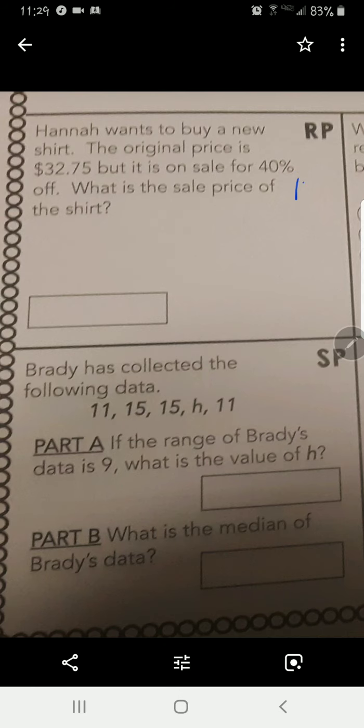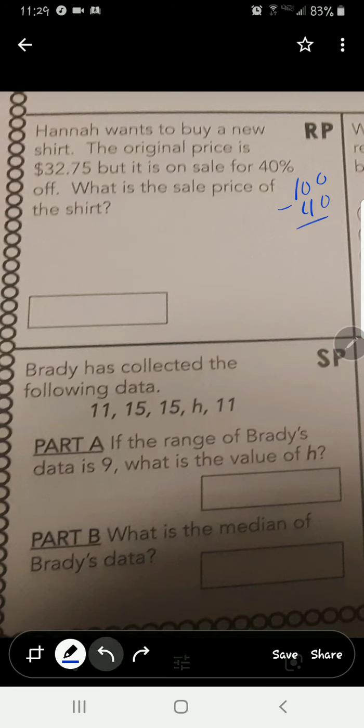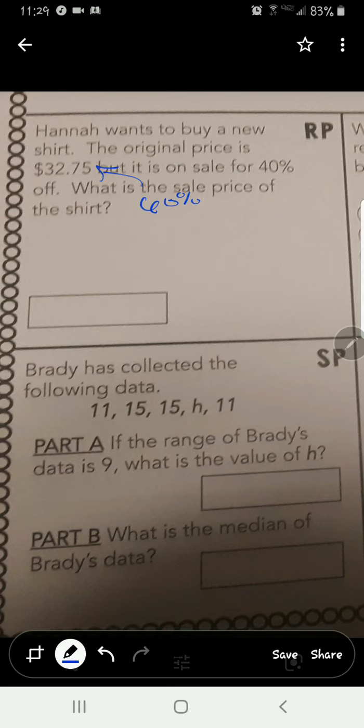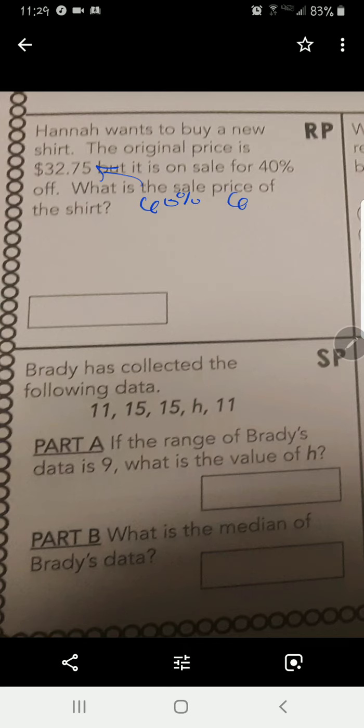So we would take 100 minus 40, and that gives us 60. So the actual sale price is 60% of that, right? And 60% is 60 out of 100.